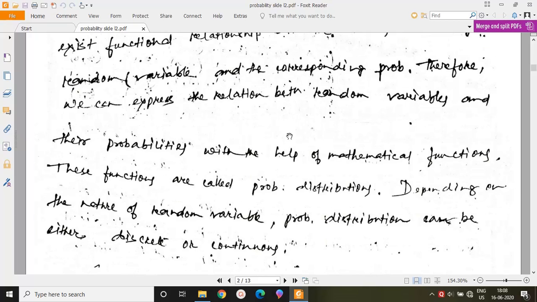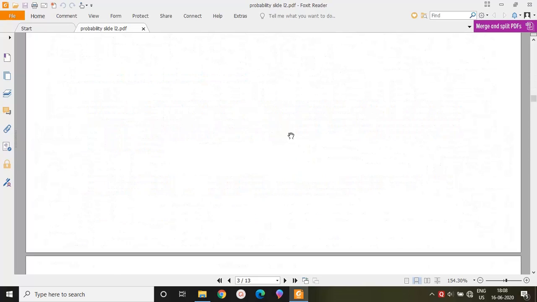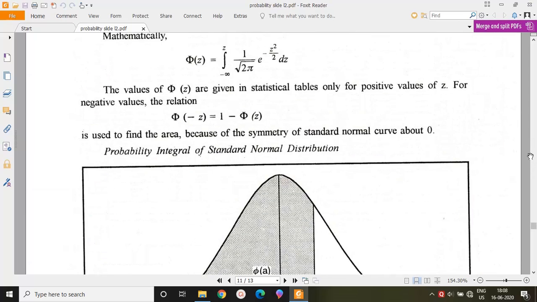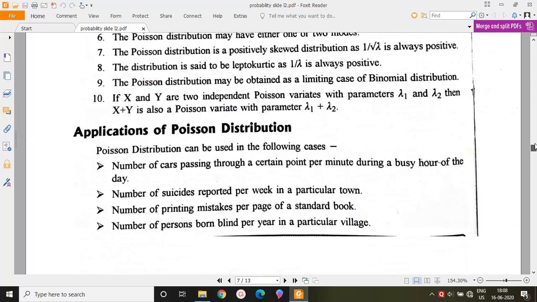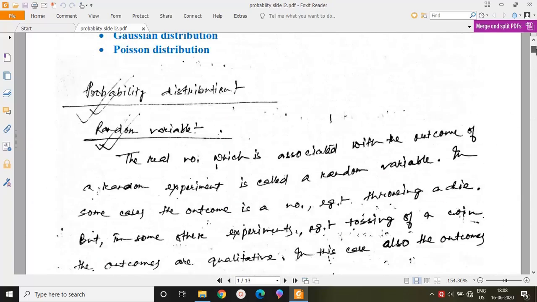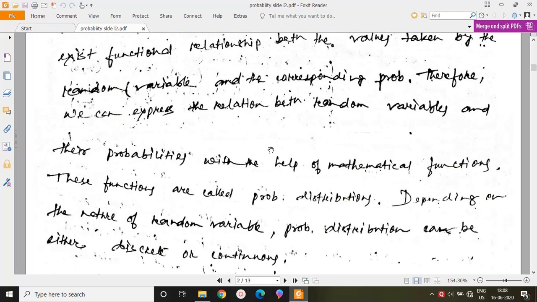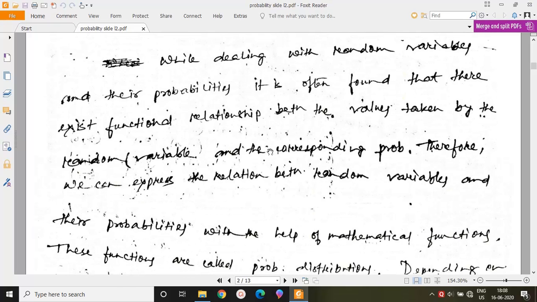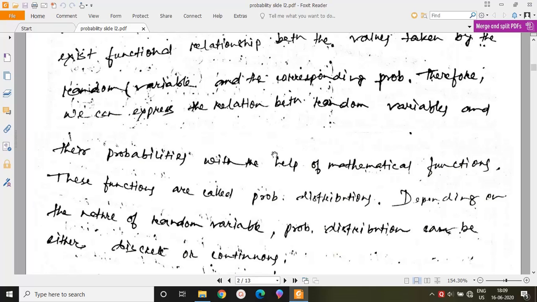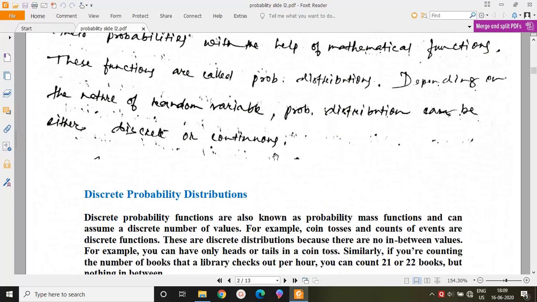These functions are called probability distributions. So what are probability distributions? Depending upon the nature of random variable, probability distributions can be either discrete or continuous. So this is your definition, but I will explain the definition with examples.